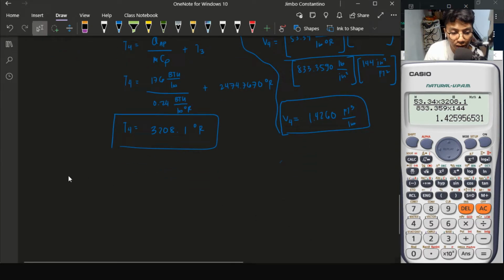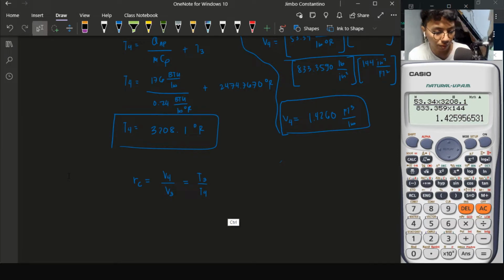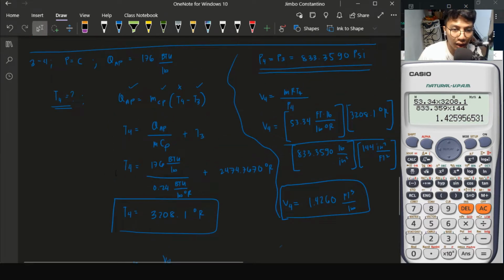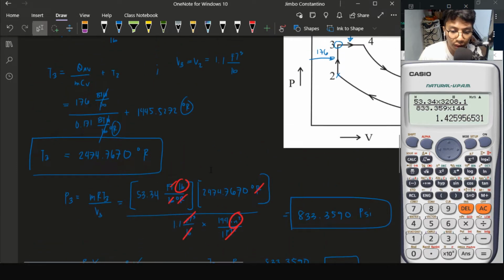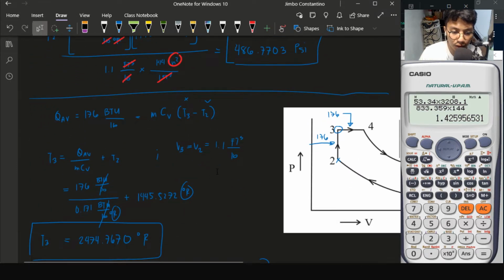RC is equal to V4 over V3, equal to T4 over T3. Here, let's just use V4 over V3. V3 is equal to V2. That is 1.1.